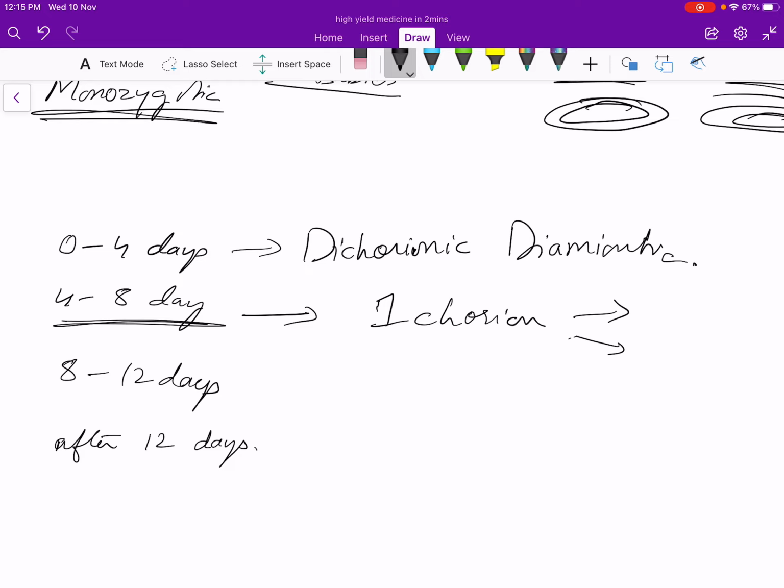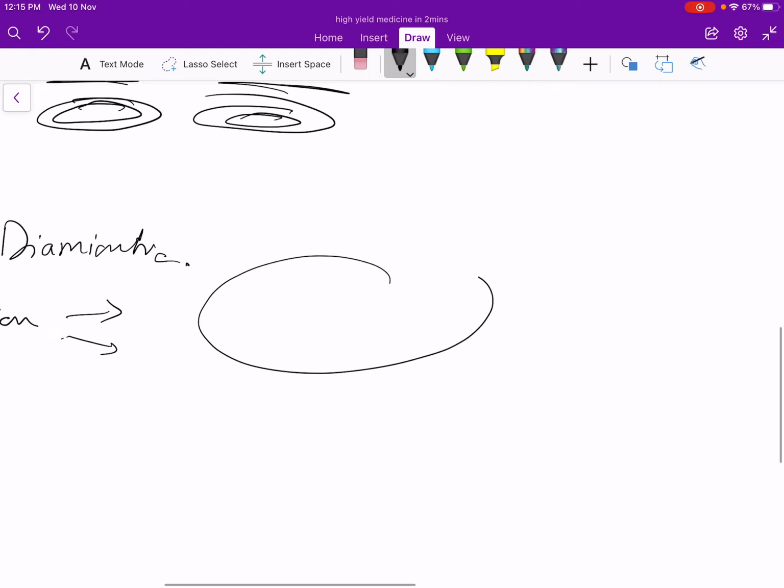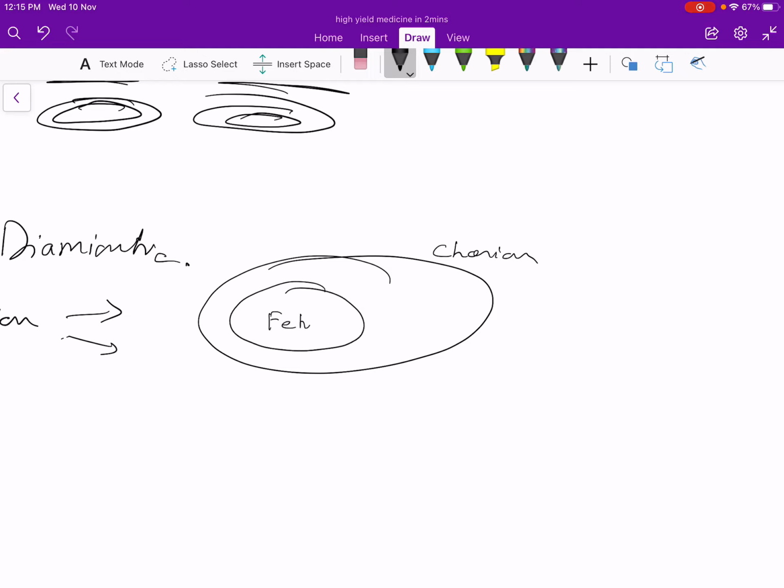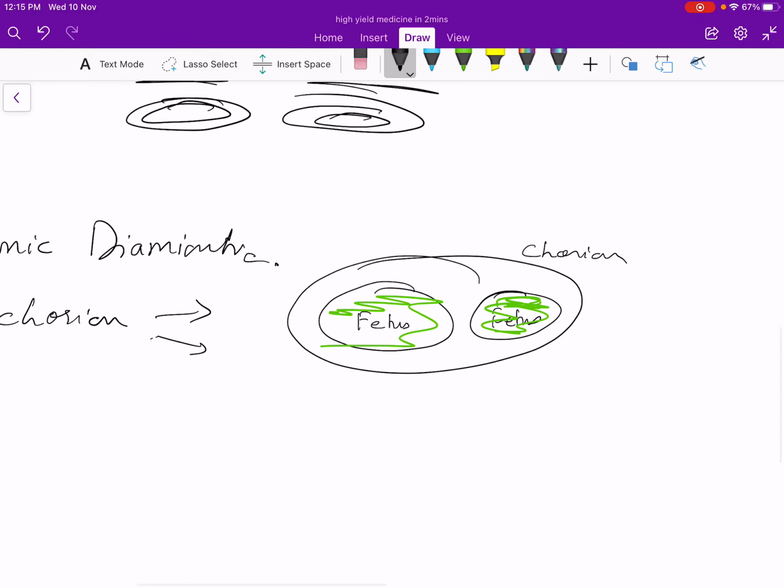If this is a single chorion, there's one fetus here and one fetus here, and each fetus has his own amniotic fluid. So two different amniotic fluids. And by the way, this is the most common presentation of a monozygotic twin.